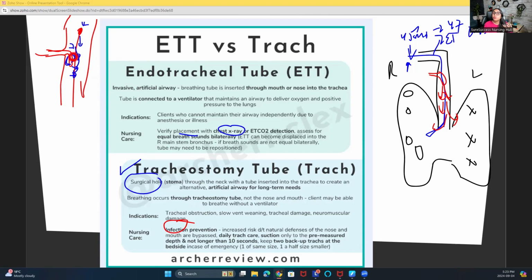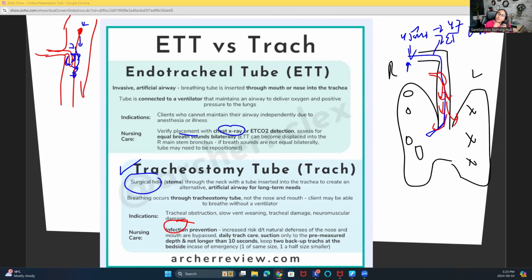When you are inflating the balloon at this part, what will happen? It is putting pressure on the esophagus. It will get narrowed. How will your swallowing be when it is narrow? Is it easy or difficult? Difficult. So it is difficult to swallow.